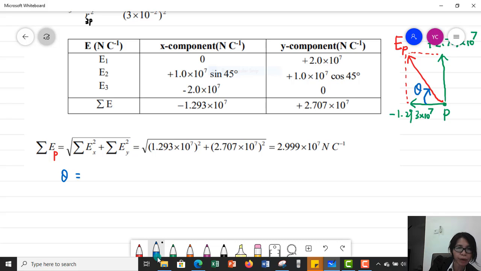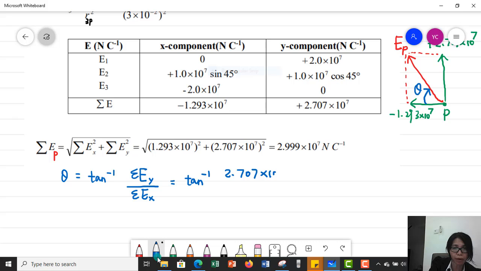So the direction will be shift tangent of the total E along the y-axis divided by the total E along the x-axis. That means opposite over adjacent, we get theta. So we have shift tangent of 2.707 to the power of 7 divided by 1.293 to the power of 7.